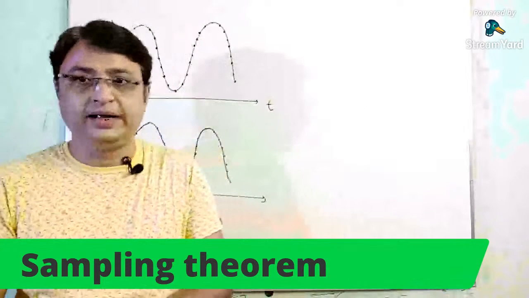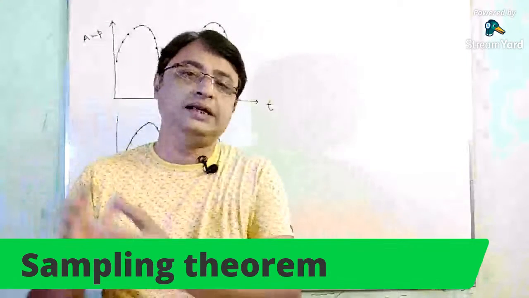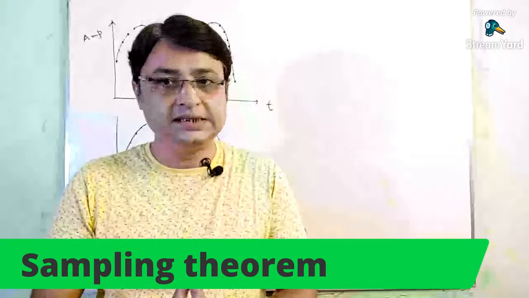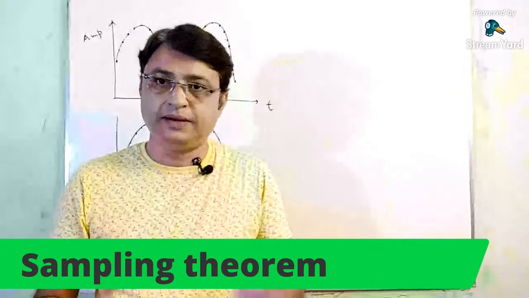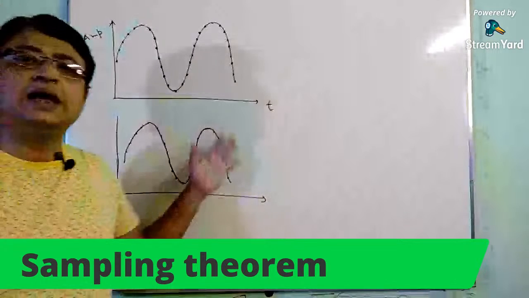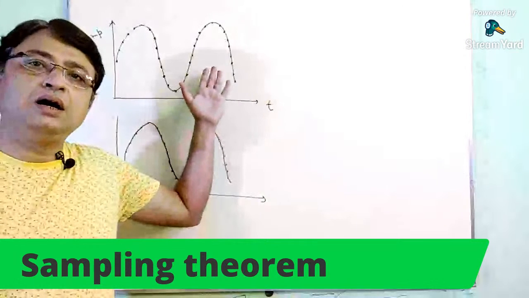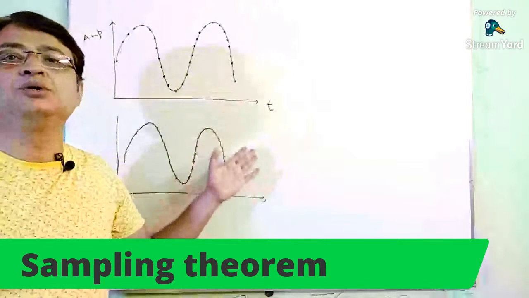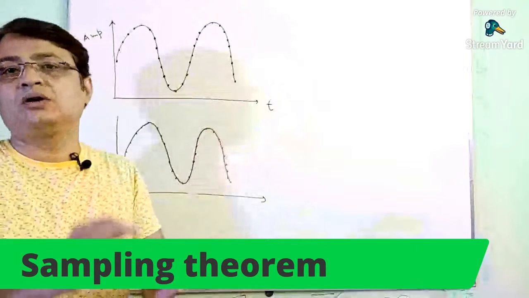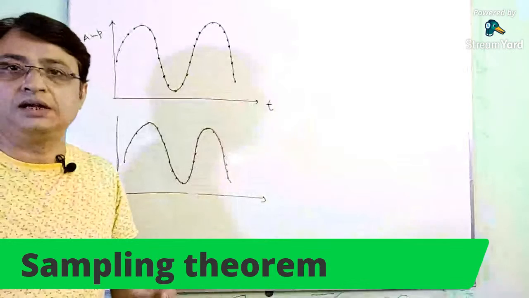Without converting an analog signal into a digital signal, you cannot proceed in digital communication. So this is the way we can convert an analog signal into its digital form.